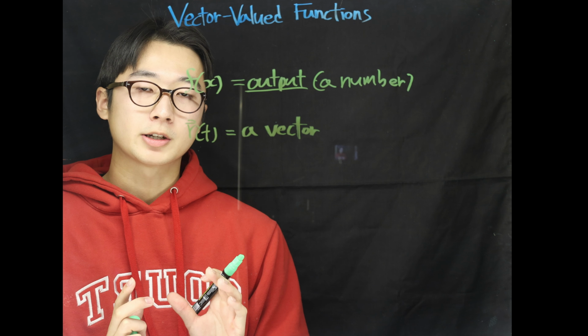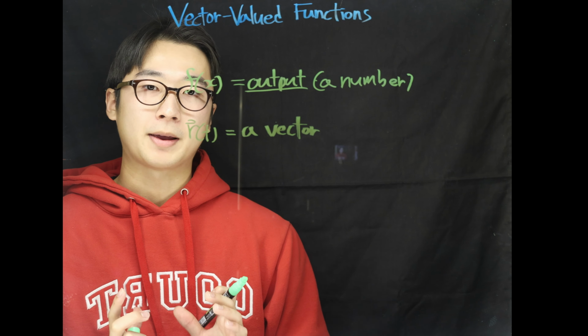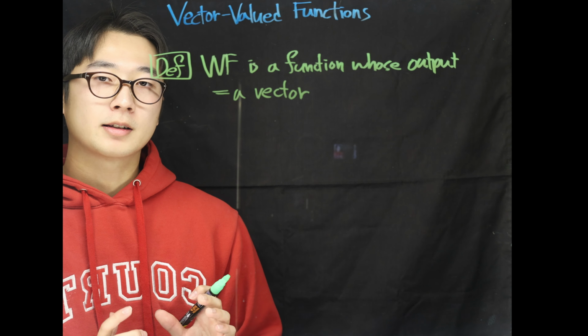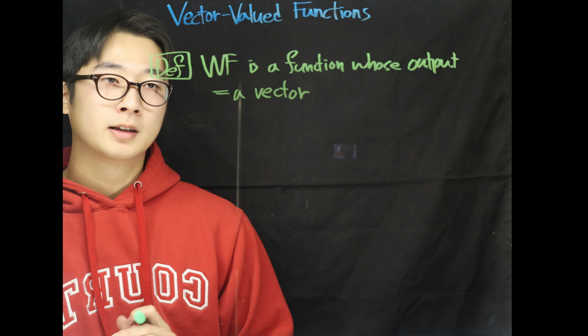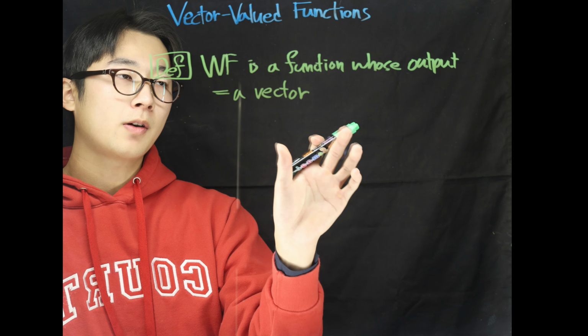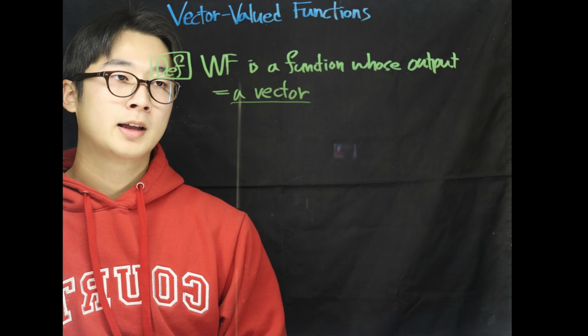And vector-valued functions, or VVF, describe motion in space. Alright, now let's talk about the definition of vector-valued functions. By definition, a vector-valued function is a function whose output is a vector.